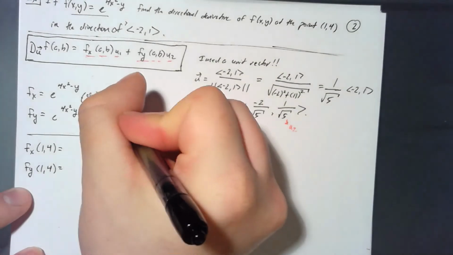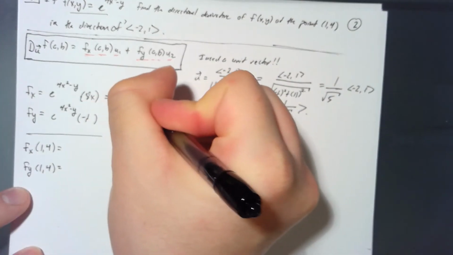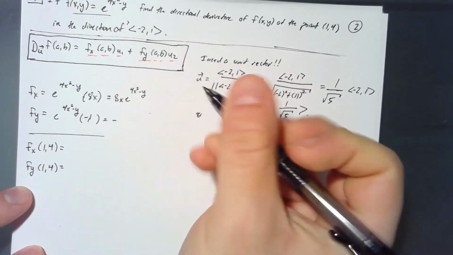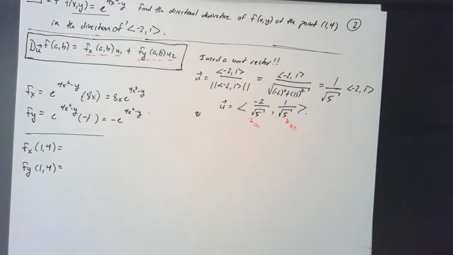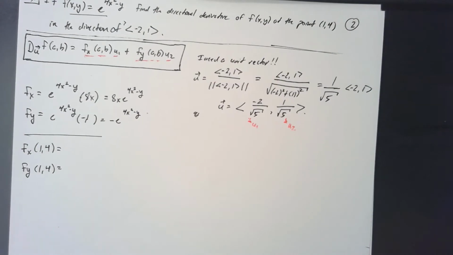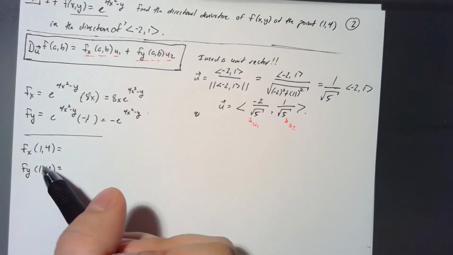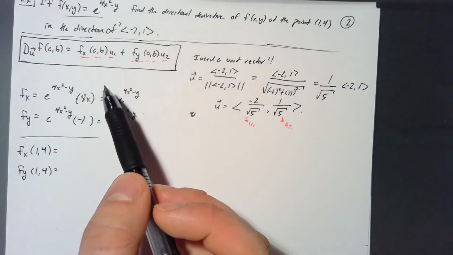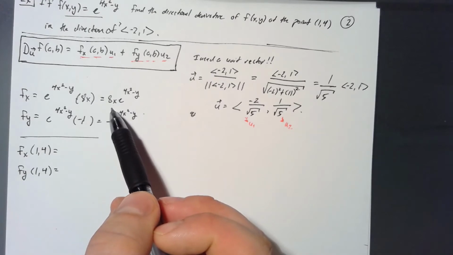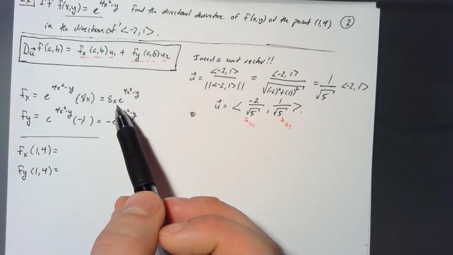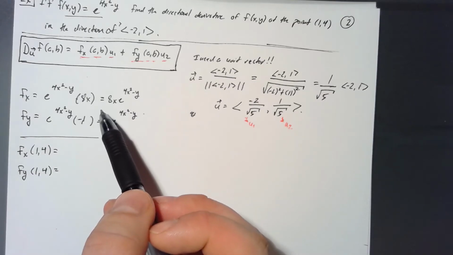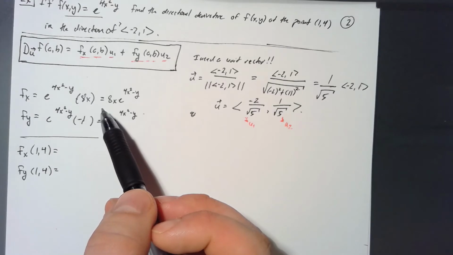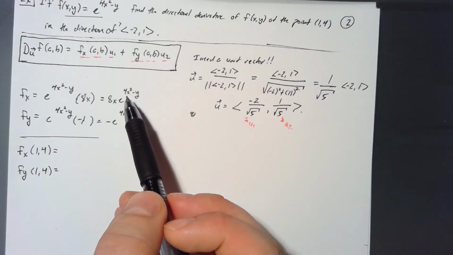This is 8x times e to the 4x squared minus y, and this is negative e to the 4x squared minus y. Excuse me. When you plug in 1 and 4 in here, what do you get? You're going to get 8 times 1, times e to the 1 squared minus 4.